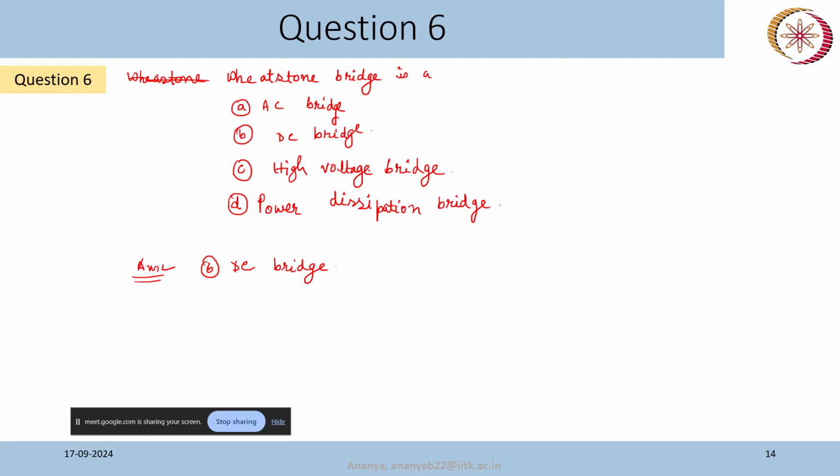So the normal resistor, normal material that we use, will not work. We will need a high power resistor for that. And power dissipation, anyway, if there is a resistor, there is some power dissipation, not only in a bridge but in any circuit. So this is not true. So it's a DC bridge.